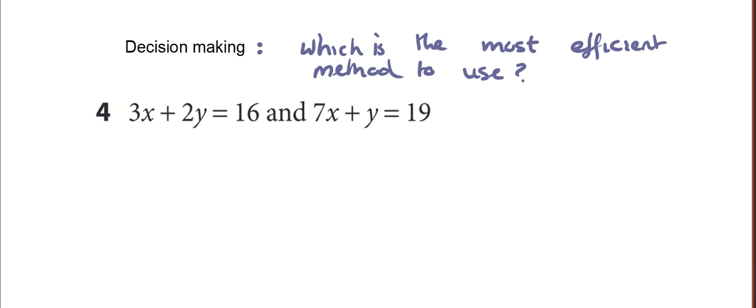And the decision is, from now on, you choose which method is the best one for you. Yeah? So when I give you an assessment on this, I could say, use substitution method to do this, use elimination method to do that, or I could just say, solve this. You use whichever method you like.